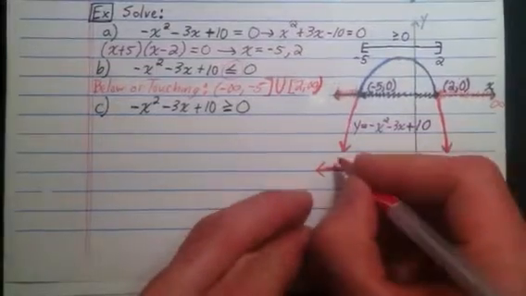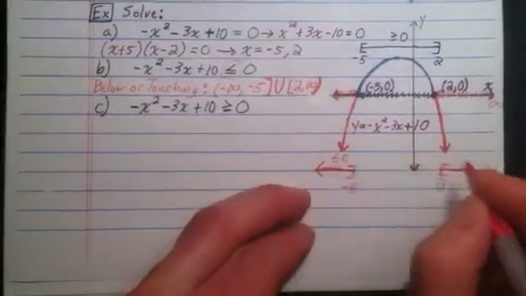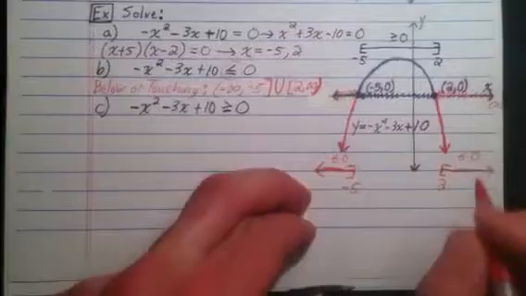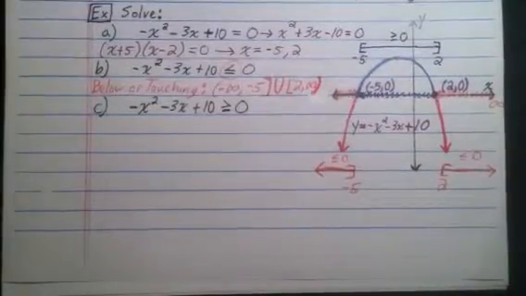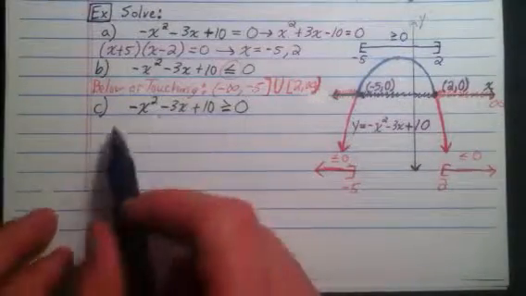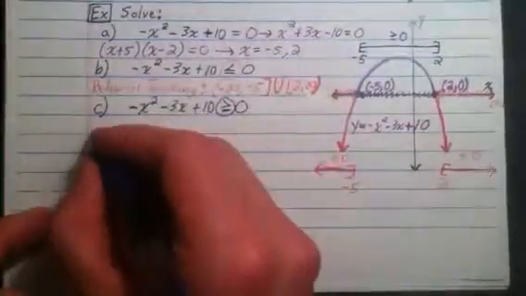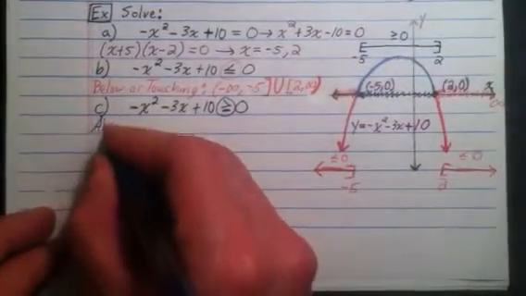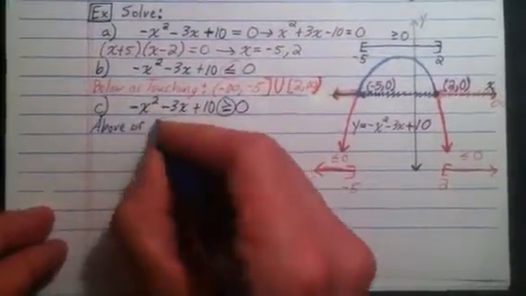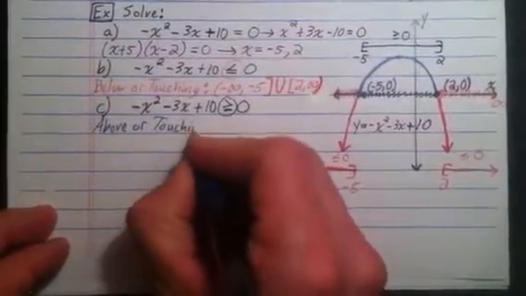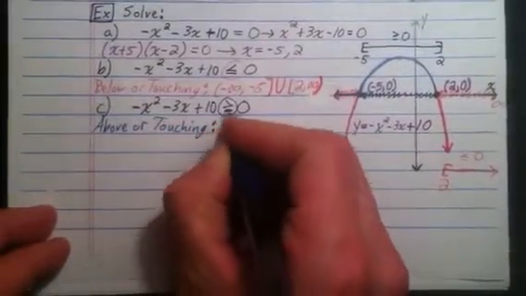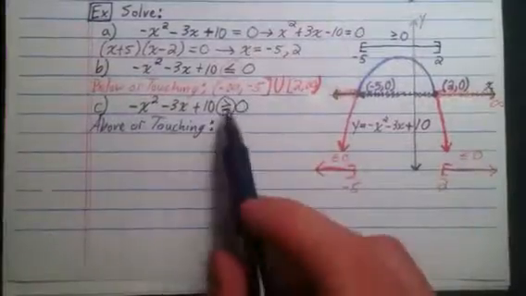Whereas our other two segments, this is where the graph was less than or equal to 0, because it's below the x-axis. So our interval here, greater than or equal to, is going to be describing where it is above the x-axis or touching. Again, that's what that equal to bar means in the inequality. Where is it touching?